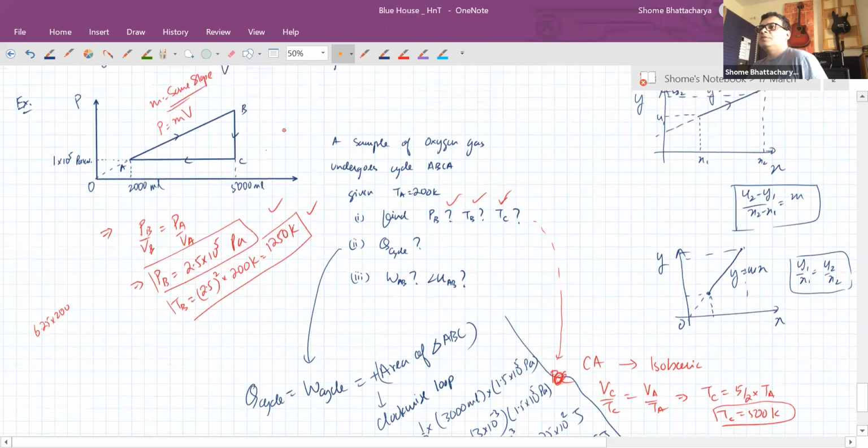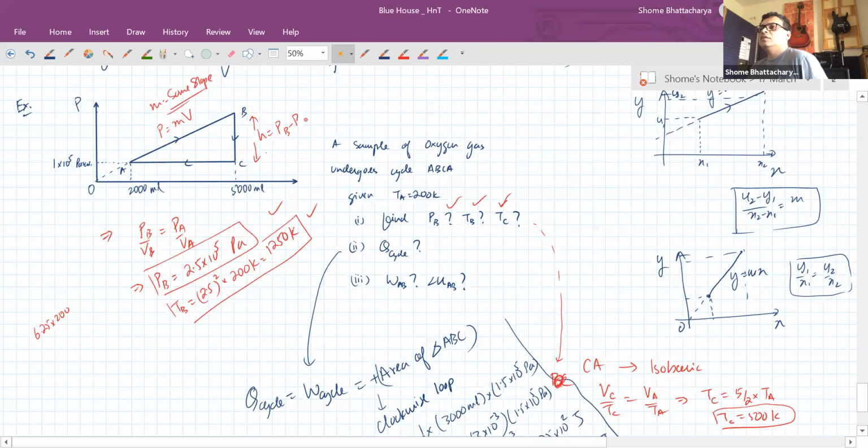It is pressure at B minus pressure at A. This is 2.5. And this is the base. It's 300 milliliters. Okay.